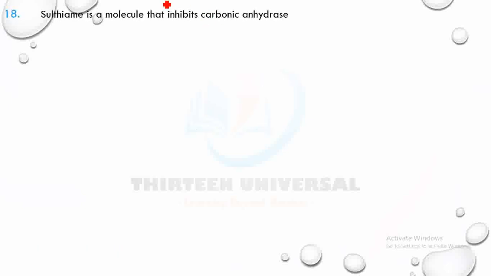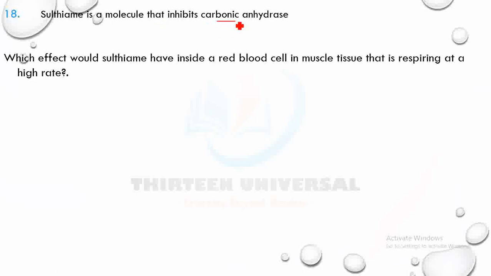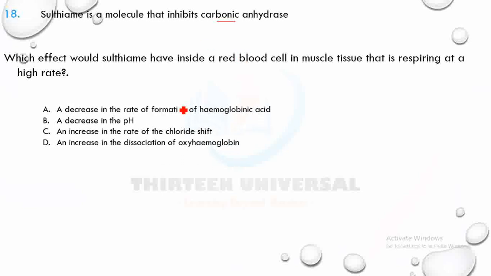Okay. So a certain molecule inhibits carbonic anhydrase. Which effect would it have inside a red blood cell in muscle tissue that is respiring at a higher rate?